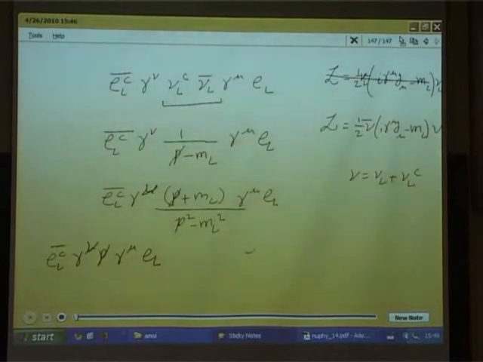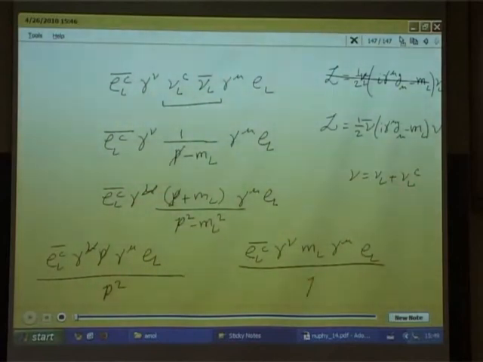The second term that I get is ELC bar gamma mu ML gamma mu divided by P square minus ML square. Now ML is very small. Usually your P is momentum of the order of keV, MeV. ML is mass of electron, eV also. So I can write that P square is not very crucial.